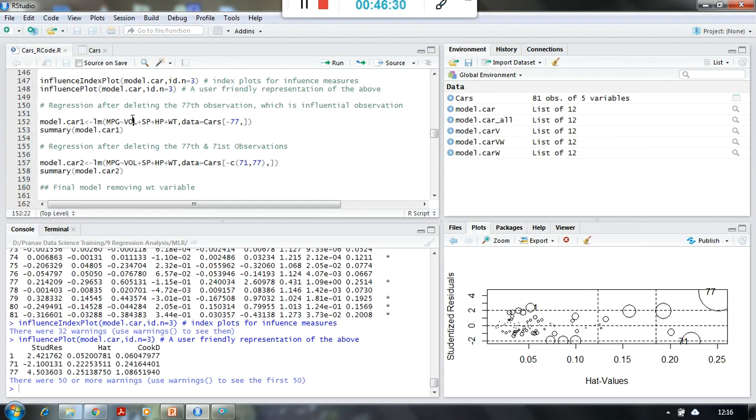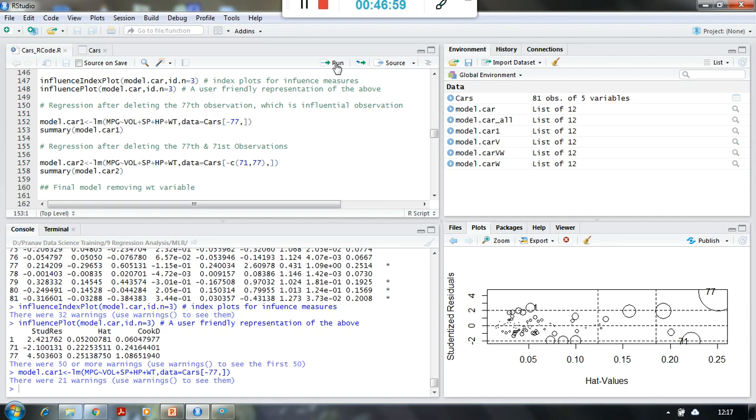So what I'm going to do is only remove one observation, and that is 77. I am still being conservative about the data, and I don't want to miss much of it. I'm writing a different model now. This is going to be model.car1, and here I'm going to take MPG against volume, SP, HP, weight, all 4 input variables, and I have just removed one observation from cars, right?